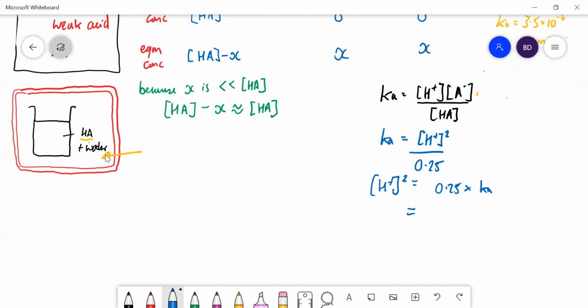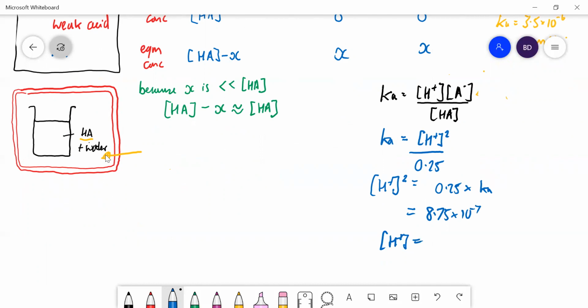Right, the value of Ka, 3.5 times 10 to the minus 6. So that is equal to 8.75 times 10 to the minus 7. Take the square root of it to get H plus concentration.